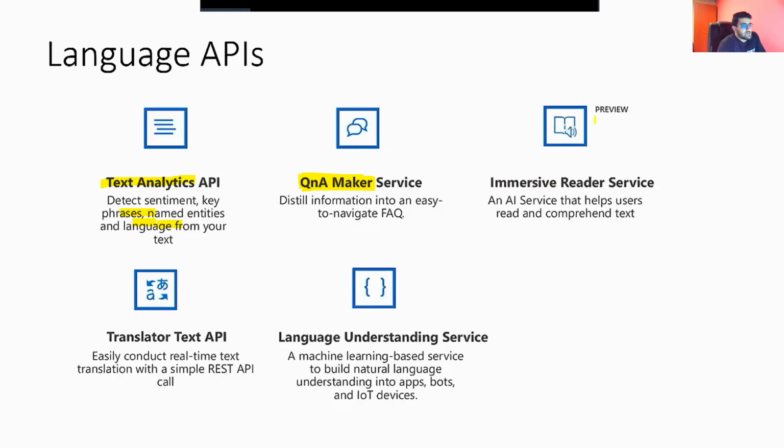And the immersive reader, this is also in preview version. And the translator text API means you can translate between different languages. And the language understanding service. You know that when we talk, there are different types of words, like "you're going to" and "you're gonna".